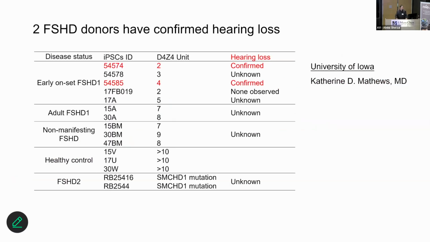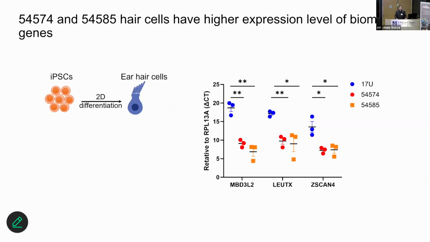So we looked back at our iPS lines. We found that we have two iPS lines from patients with confirmed hearing loss, 75, 74, and 85, also with short repeats. We differentiated the iPS cells into ear hair cells in a 2D dish and tested DUX4 biomarkers.